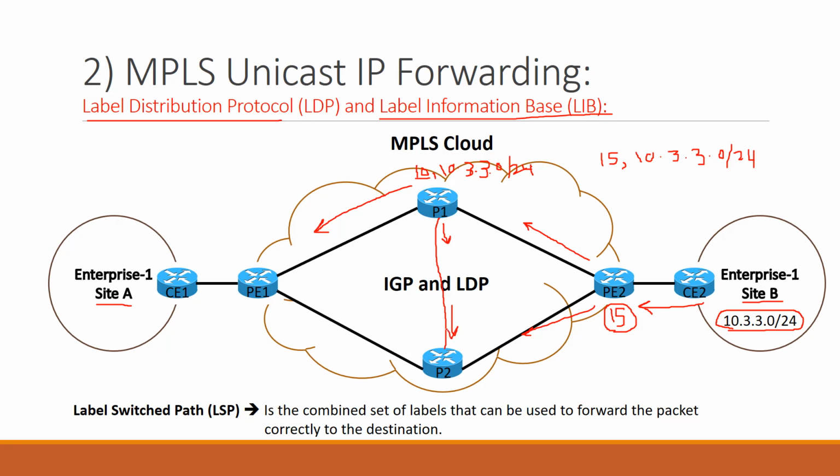So P2 will receive an update here and an update here for the same IP prefix, but with two different labels. Here comes label 10 and here comes label 15.